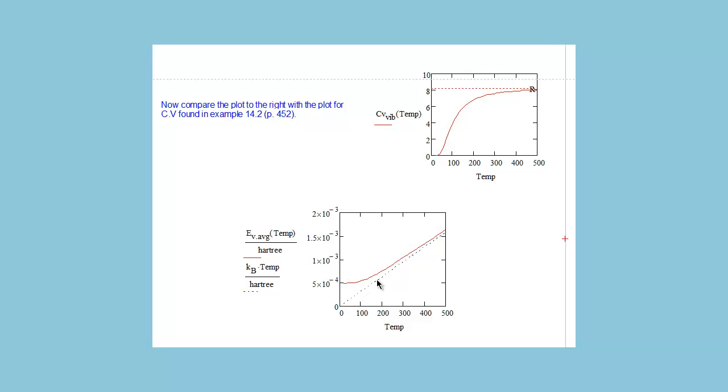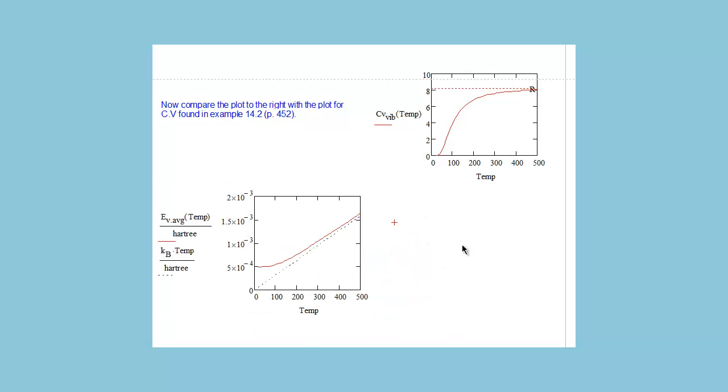If we were to take the derivative of kT versus temperature, obviously we just get k, a constant.